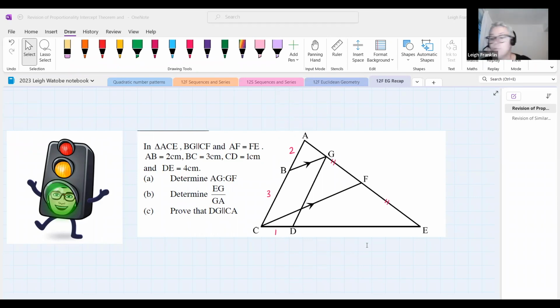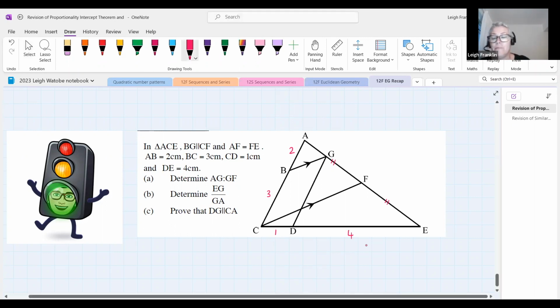Oh, yes, DE is 4 centimeters. Sorry, guys, you're quite right. It's so important to read correctly, isn't it? Thank you, Batsibile and Sharon.